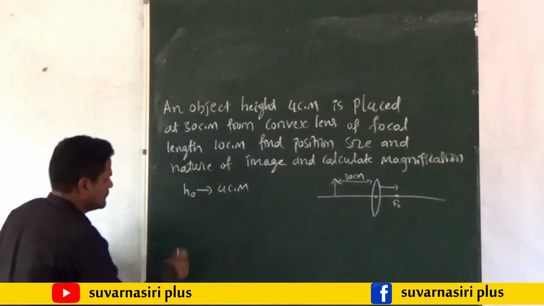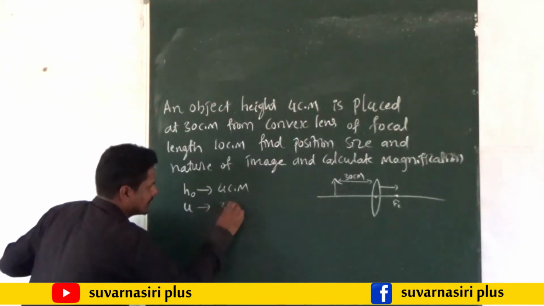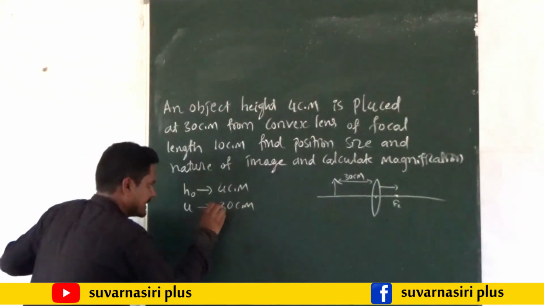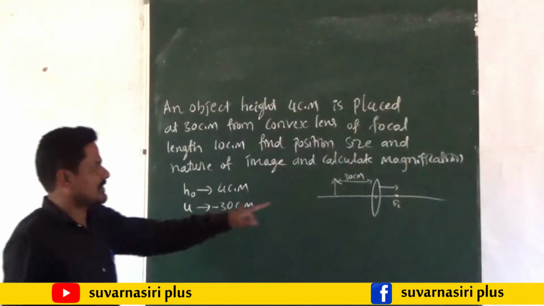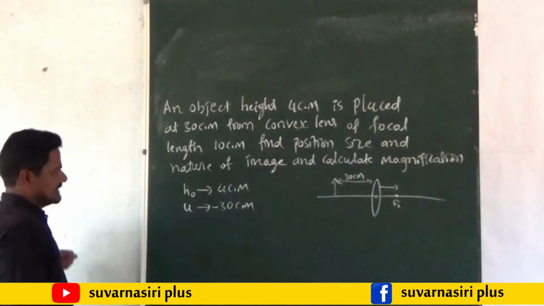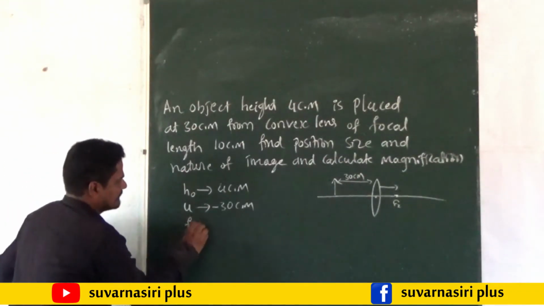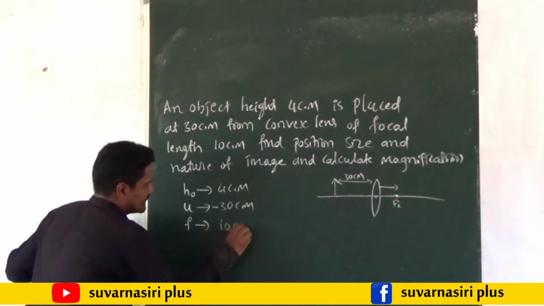So here the object distance u is 30 centimeter. We have to take it as minus 30 because it is on the left part, so the object is placed on the left side. Next, the focal length is 10 centimeter. Why?